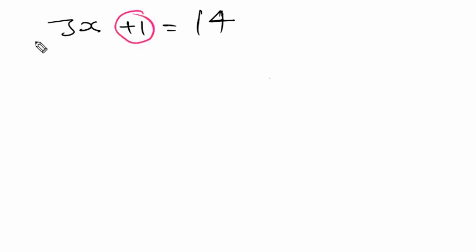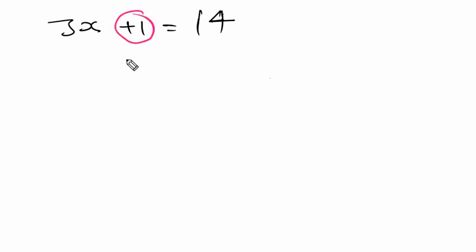Now what if you have a mix of this? For example, if you have, let's say, 3x plus 1 is equal 14. Now what you will do in this case? So first step, you will remove this number.